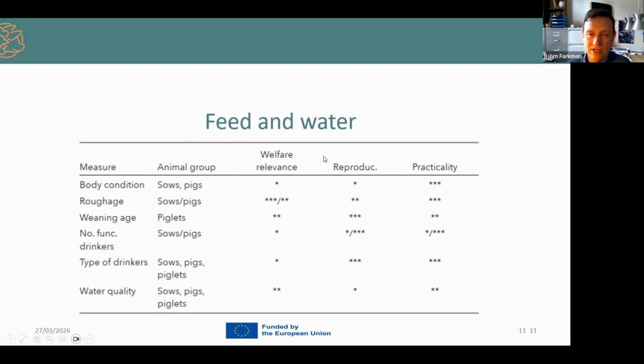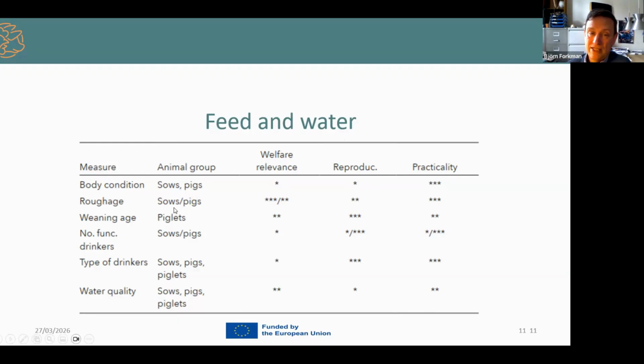So just to summarize then, we look at body condition scores. They are especially important for sows, and to some extent for pigs, but not extremely relevant. Reproducibility of the results is poor, but of course, it's very easy to do. Just go out and look at the pigs and register.